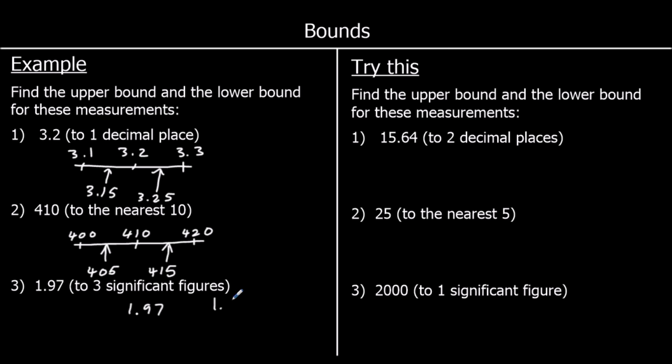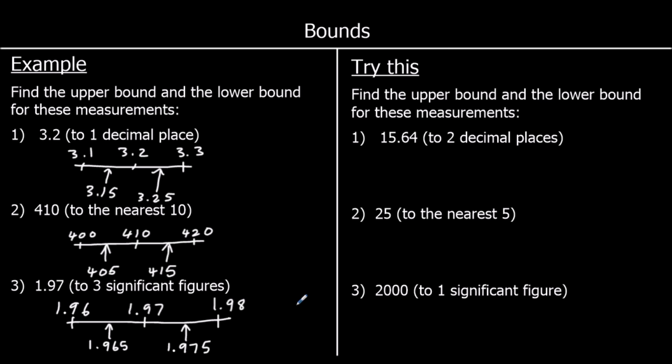So the one up is 1.98, the one down is 1.96. So the lower bound is halfway between 1.96 and 1.97, which is 1.965. And the upper bound halfway between 1.97 and 1.98, which is 1.975.